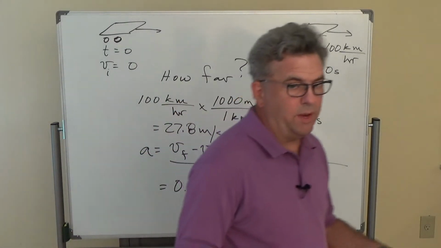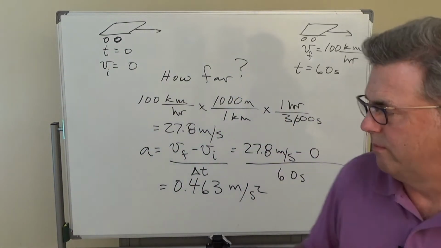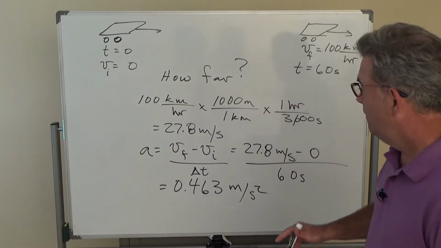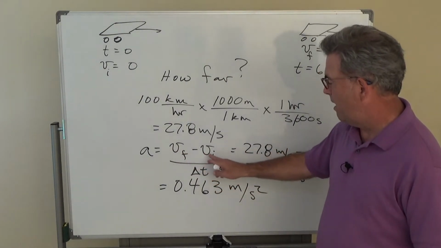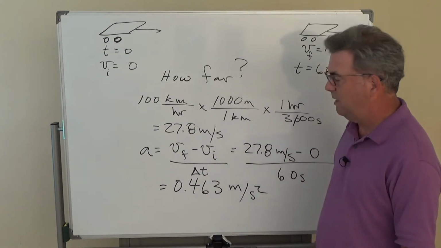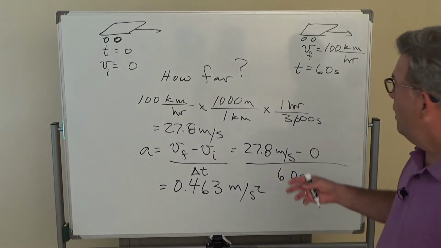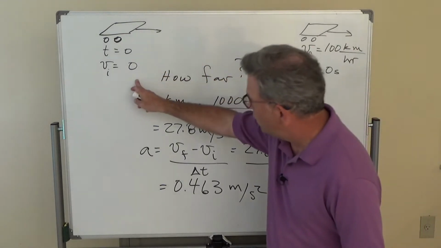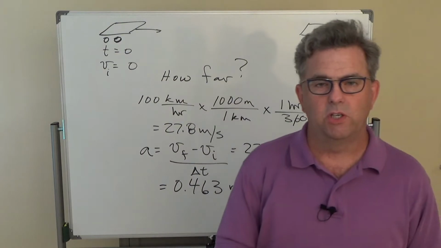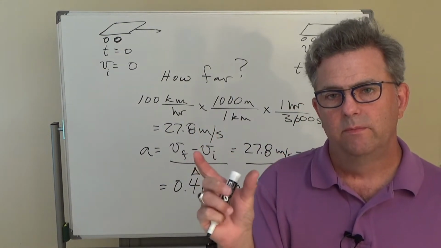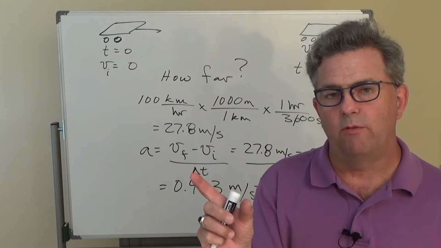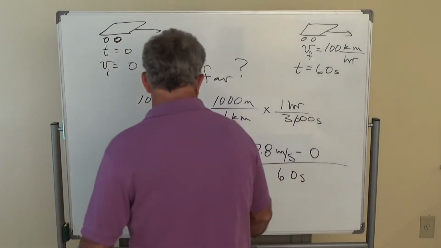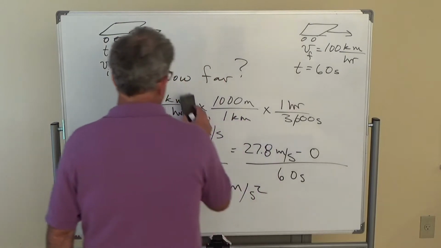So if you were asked, okay, what's the acceleration? It's straightforward. You're plugging it into that equation that we already know, V final minus V initial divided by delta T. Now, we know the time, we know the acceleration, we know V initial. We're in a position to use that quadratic equation to solve for the final position, or how far the cart traveled.